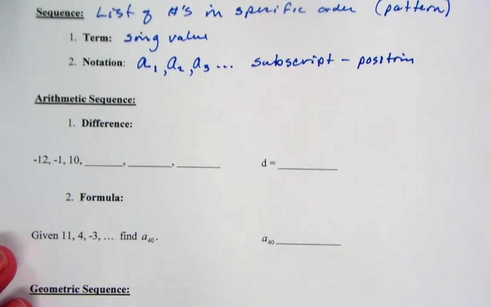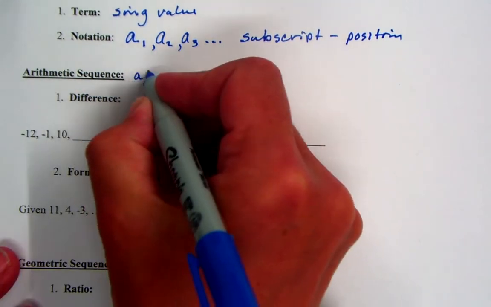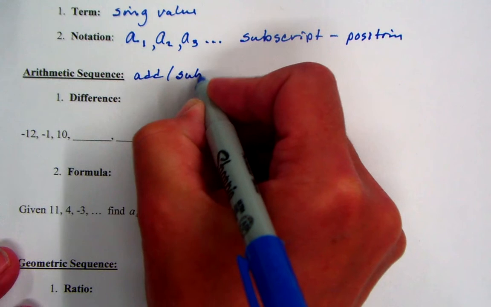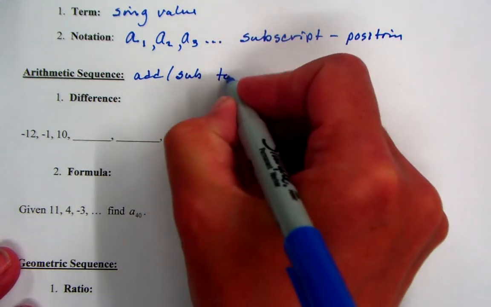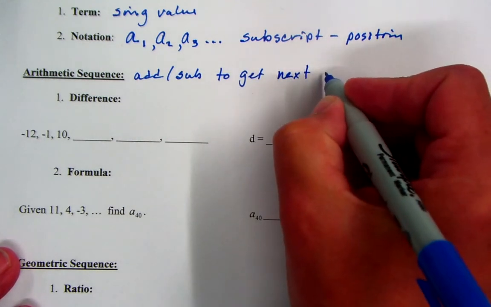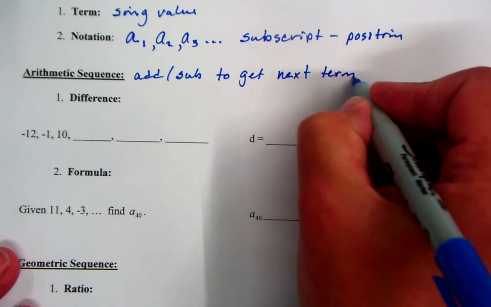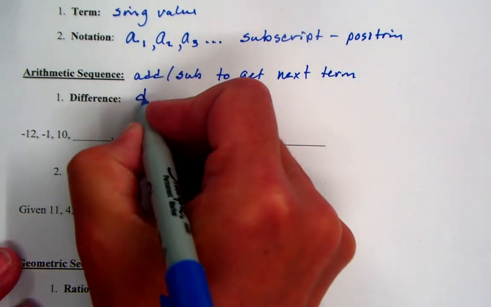So let's look at a couple different sequences. We really have 2 of them. Arithmetic means that you are going to add or subtract a value to get to the next term. And that next term is the next term in the sequence. We call that adding or subtracting value the common difference.